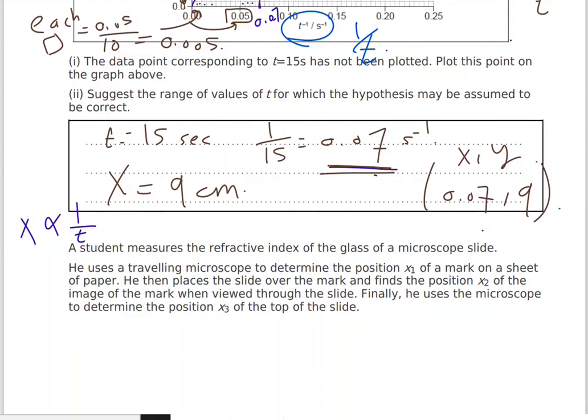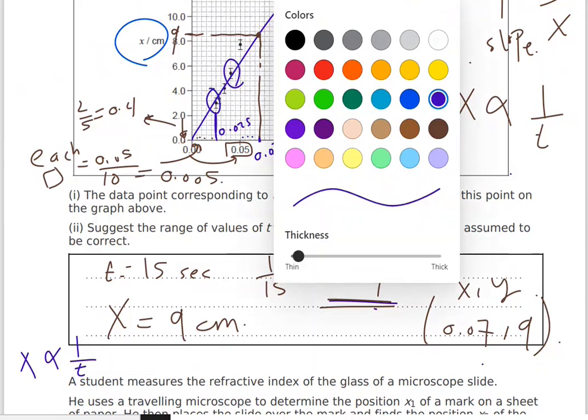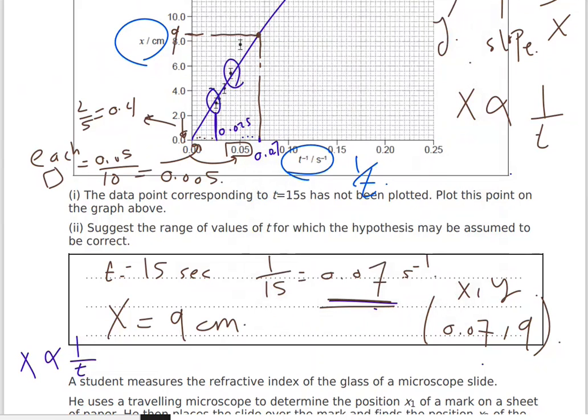So this range should go from the smallest value of 1 over t, which is around 0.025, half of 0.05, to this value here. We should get a straight line that passes through the origin and these two values. So this is 0.05, this is 0.025, and this value is around 0.04.